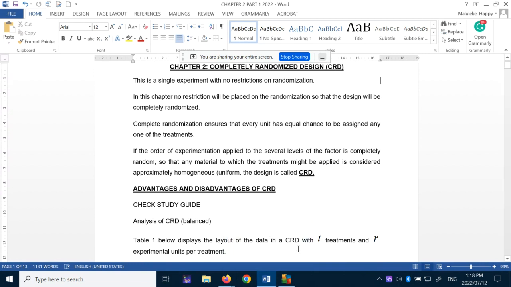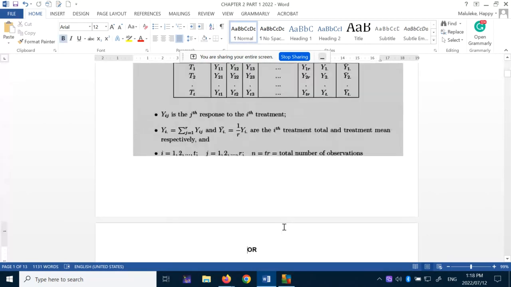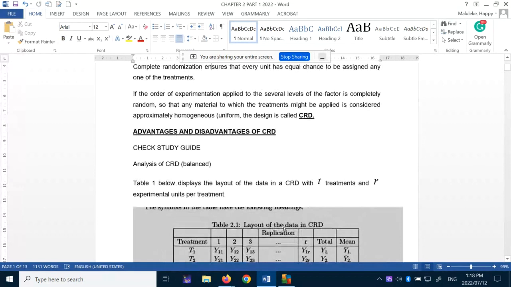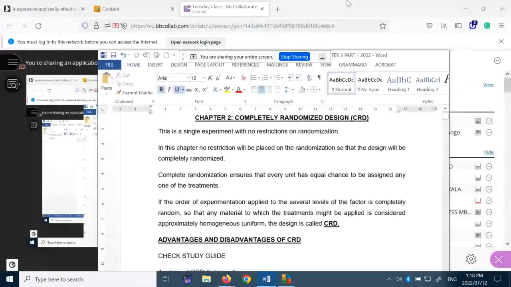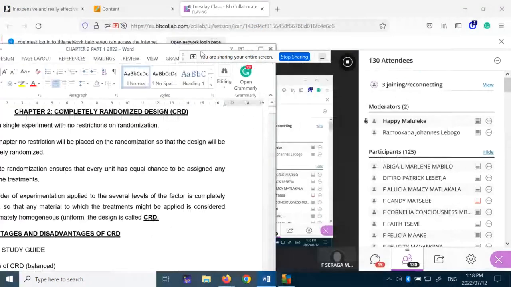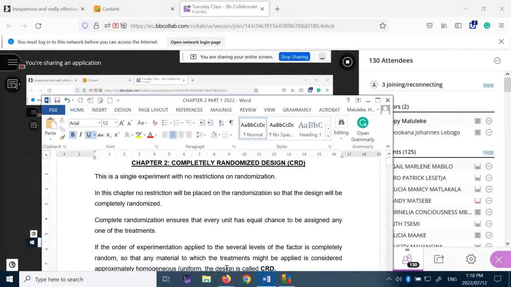So we have some advantages and disadvantages of CRD. I will focus more on the advantages, which are not part of this document. But it's very important for one to understand the advantages and the disadvantages. The advantages are from the study guide.